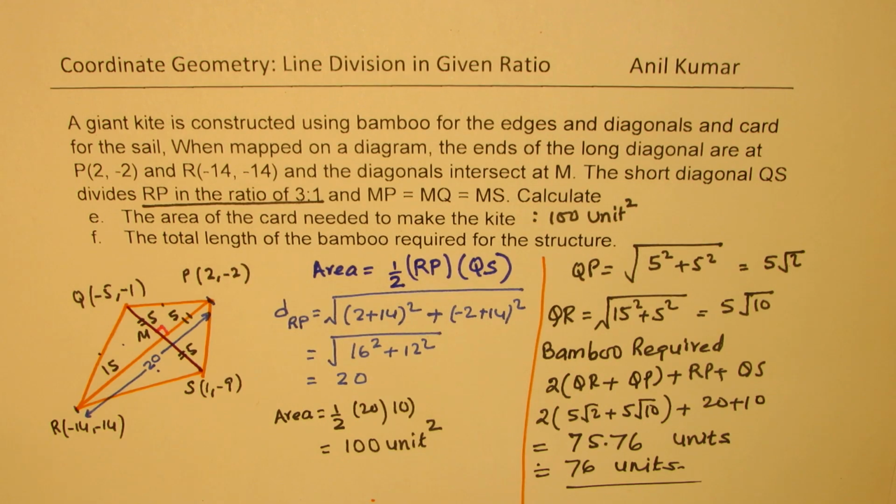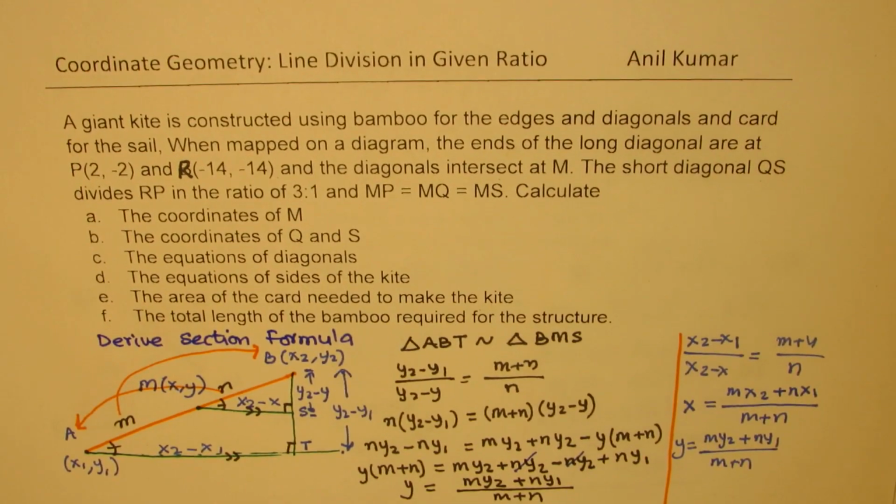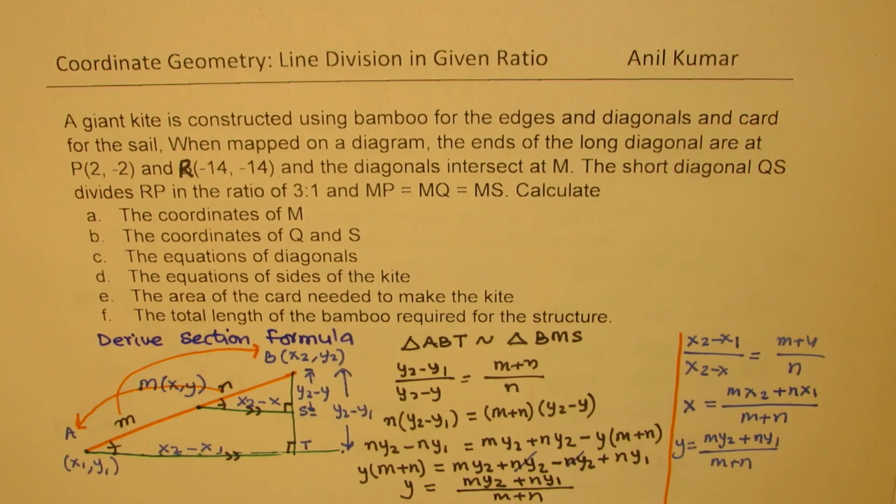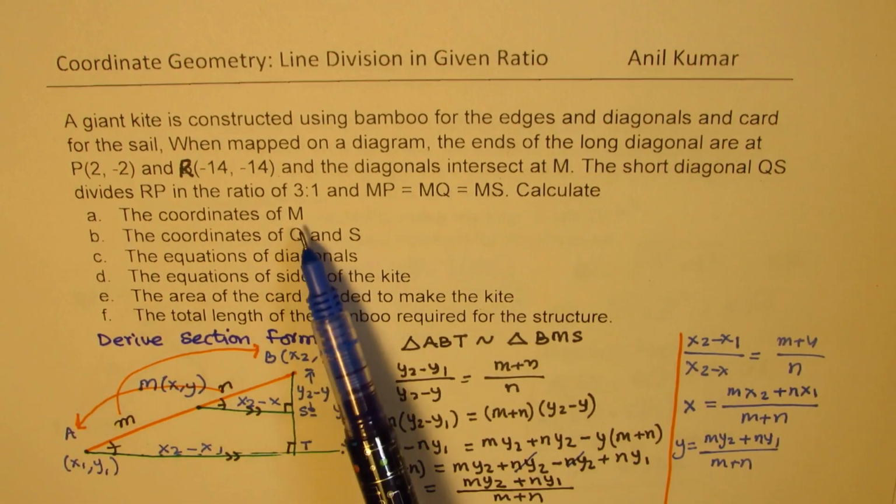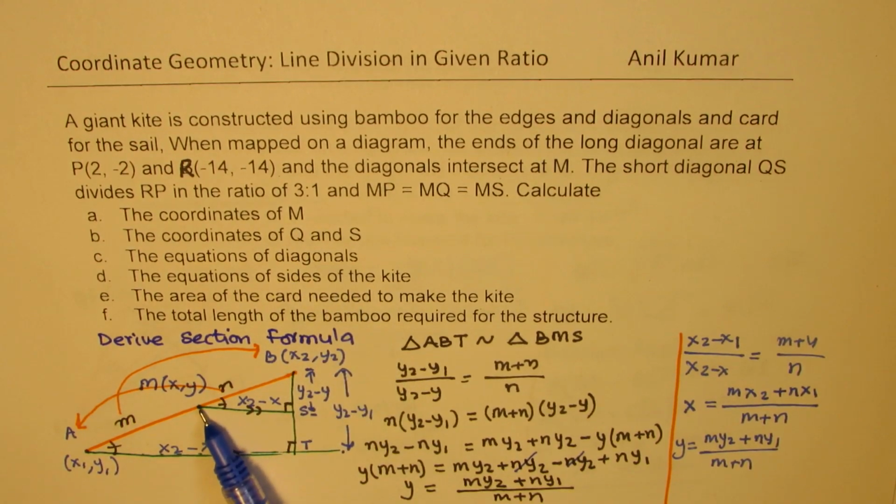So we began with the brilliant question in which we found many things. So let's get back and have a look at what we did here. To start with, we actually derived the section formula and then we found the point M using the ratio 3:1.